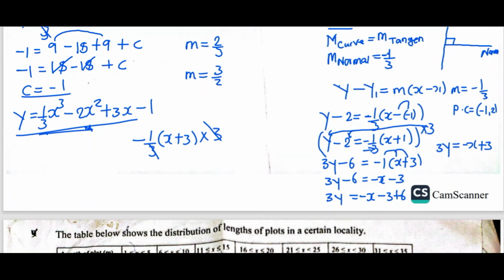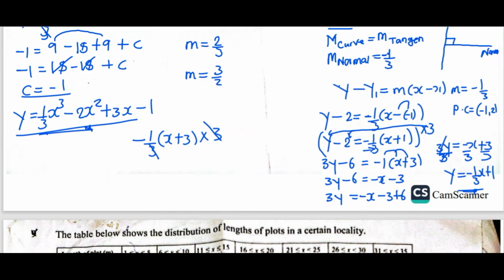Then if you want to leave y as the subject of the formula, you can get rid of the number in front of y by dividing by 3 over 3. So our final answer is y is equal to negative 1 over 3 x plus 1. So this is the equation of the normal.